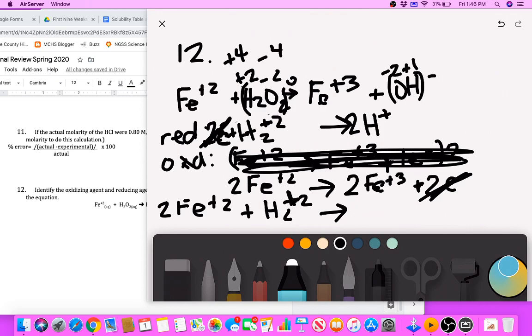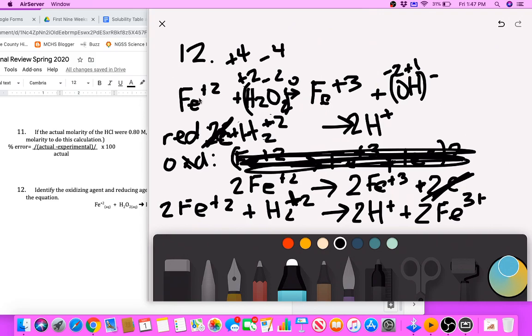On the right side now, we have 2H plus 2 Fe3+. Okay, so now we take those coefficients that we have here and we put them up here. So 2 in front of the Fe2+.